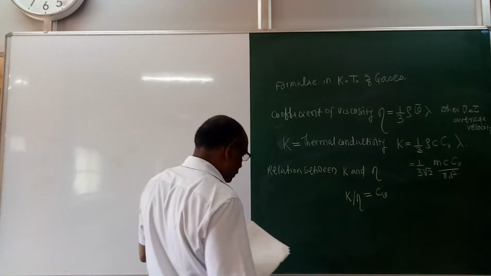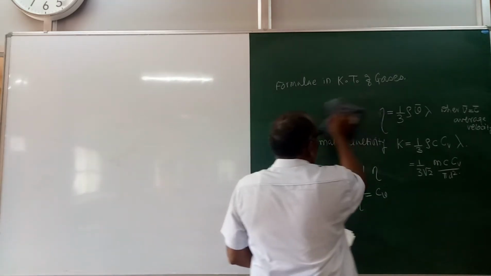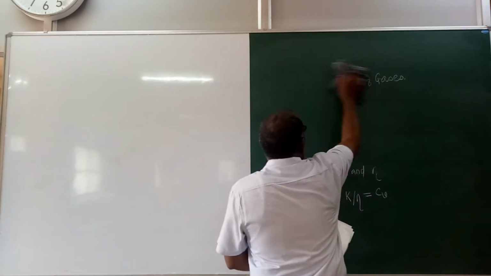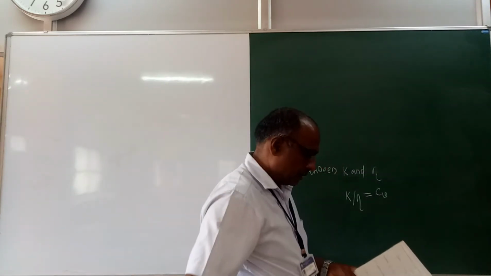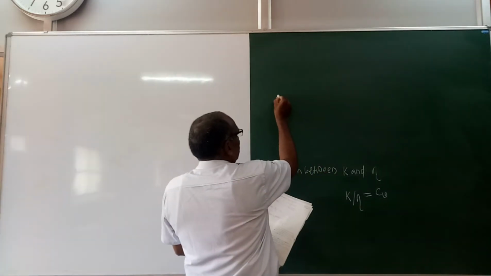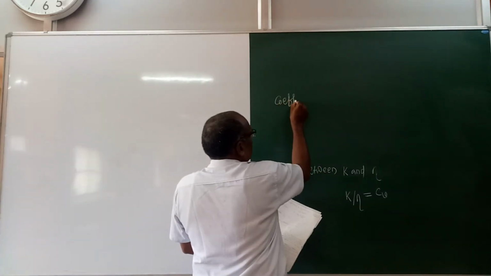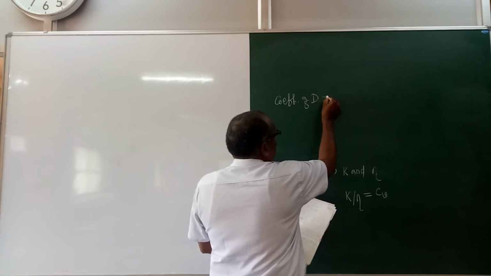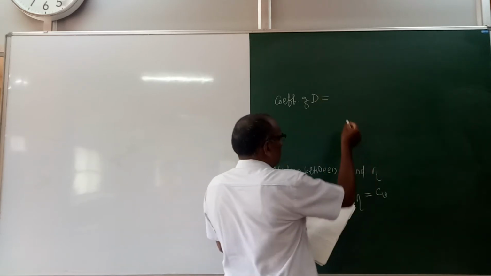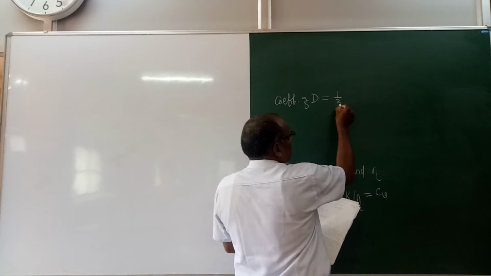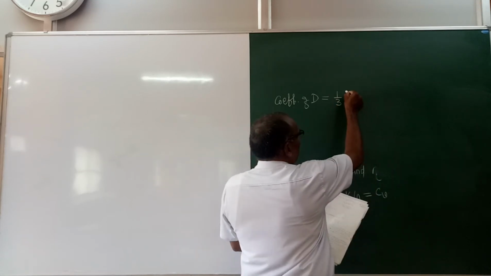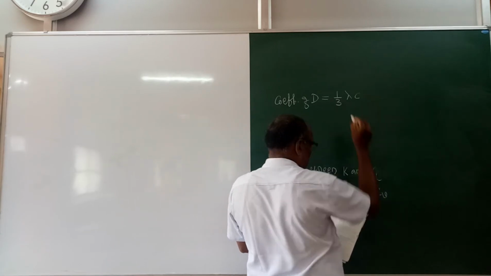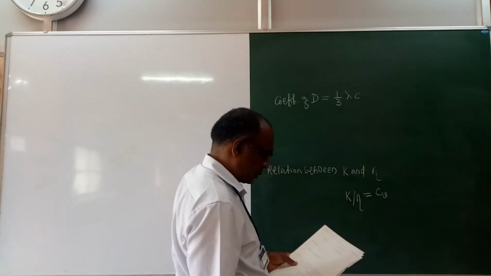Coefficient of diffusion, D is equal to 1/3 lambda into C, that is C average.